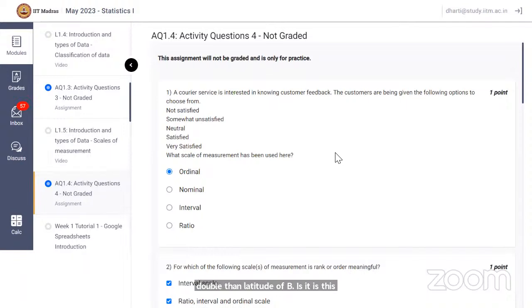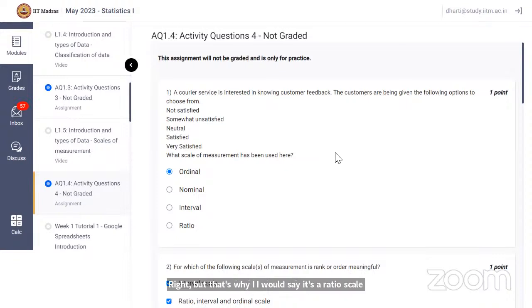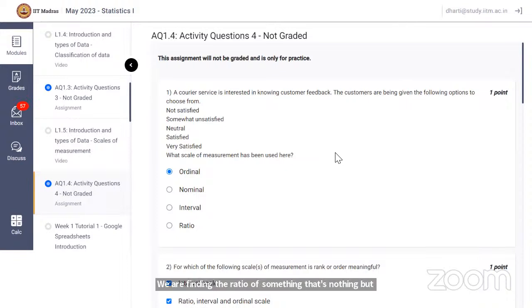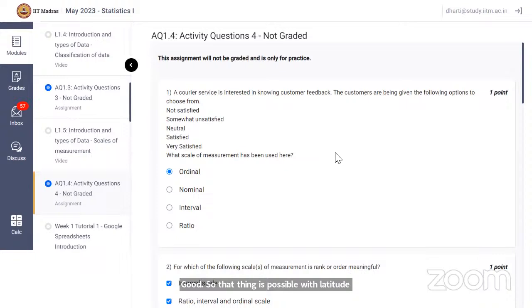Yes. That's why I would say it's a ratio scale of measurement, because when we say double or triple, that's nothing but multiplication or division. When we are finding a ratio of something, that's nothing but division. That is possible with latitude, so we will say it has a ratio scale of measurement. Okay, thank you so much.